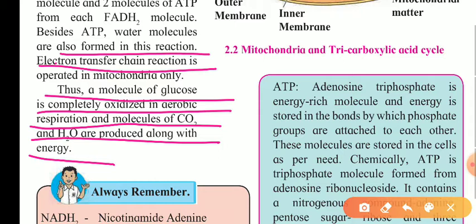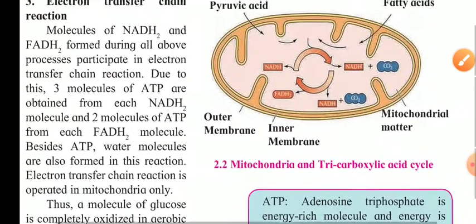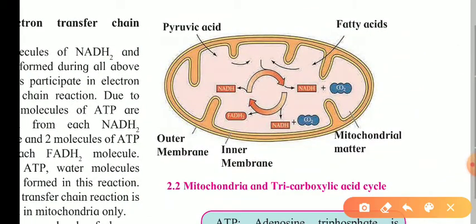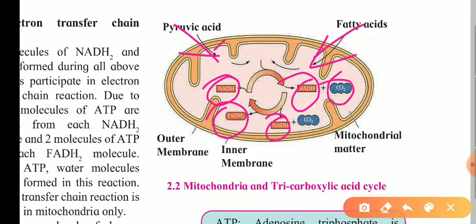Whatever ATP is produced in this process is nothing but the energy, adenosine triphosphate, and along with that the CO2, carbon dioxide gas, which is exhaled out through respiration, and the H2O water molecule is also formed. In this picture you can see the fatty acids and the pyruvic acid. This enters inside and forms the NADH2, FADH2 along with the CO2.